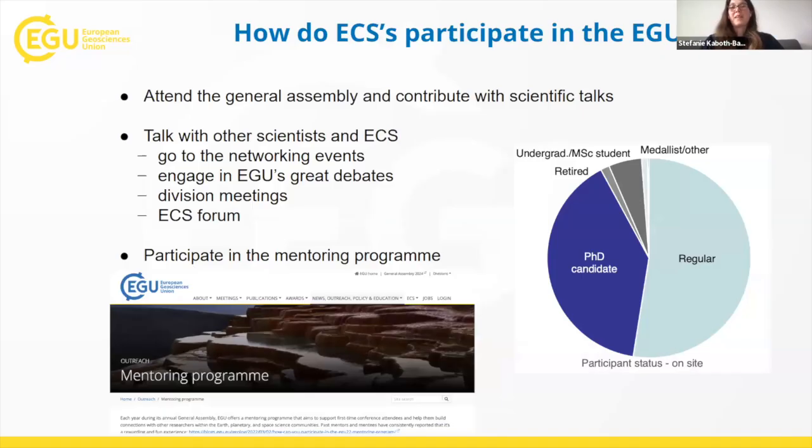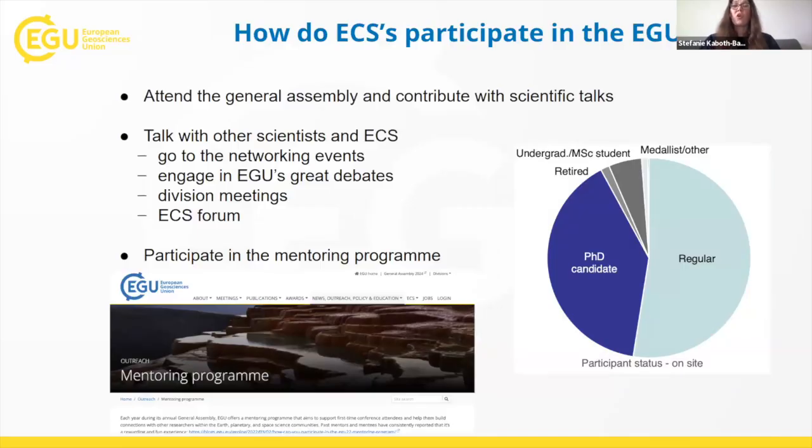So let's dive a little bit into basically how early career scientists participate in the EGU. One of the main pathways is really to attend the General Assembly and contribute with scientific talks or posters to the framework of the General Assembly.